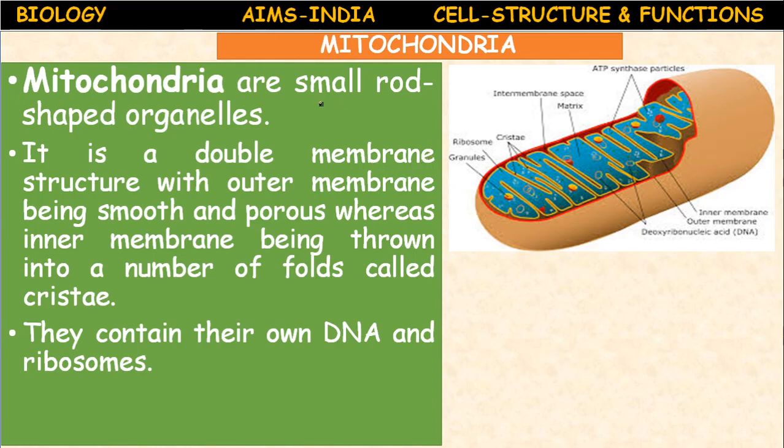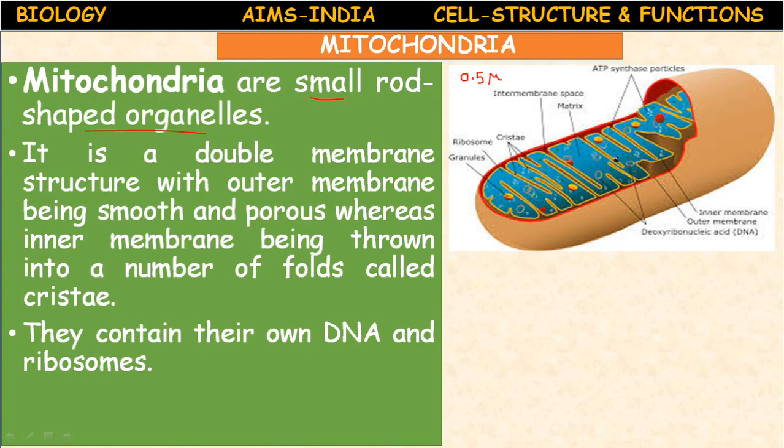Mitochondria are small, rod shaped, spherical or cylindrical organelles. Generally, a mitochondrion is 2 to 8 microns long and about 0.5 microns wide.